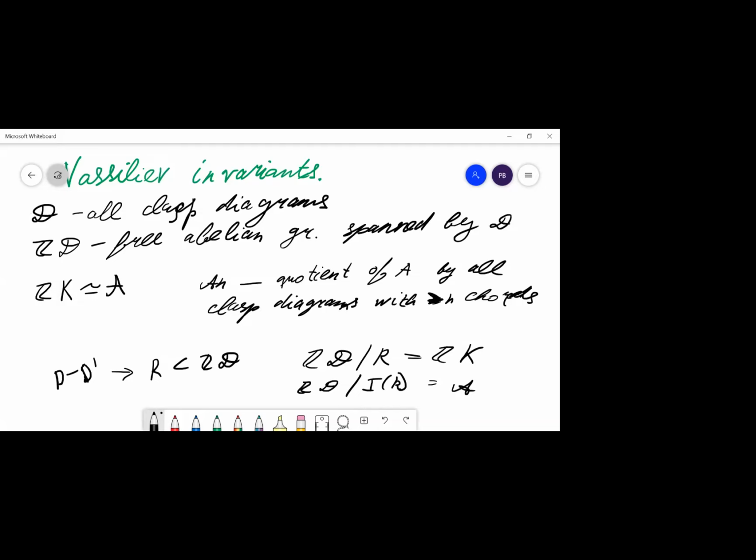So IN will be the corresponding map sending ZK to AN.